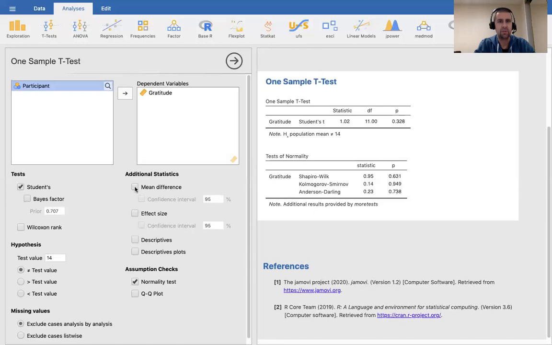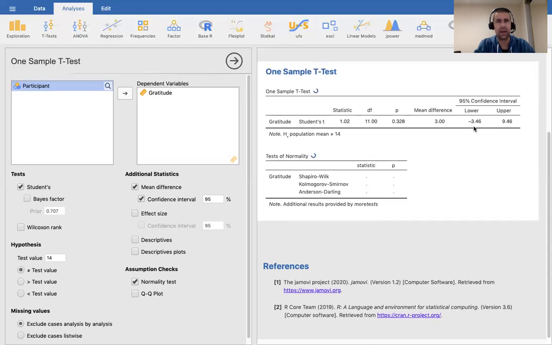There are some other statistics that we are interested in. Remember, there are 2 confidence intervals, so we can get the mean difference. You remember the 95% confidence interval around the mean difference was negative 3.47 to positive 9.47. Because we're going to get a slightly different standard error when we don't use the same exact rounding rules, we're going to get a slightly different confidence interval.